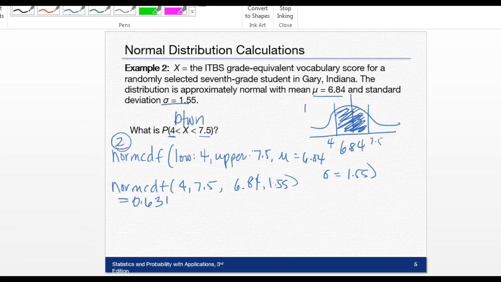Remember, 3-step process. 1 is the drawing, 2 is the normal CDF statement, and then 3 is interpreting in context.